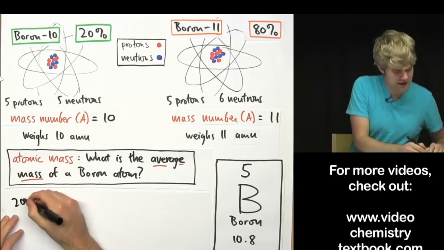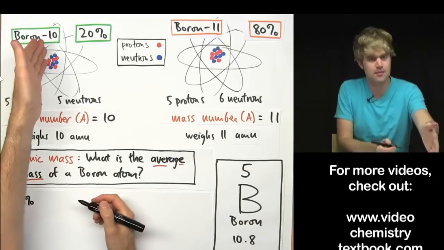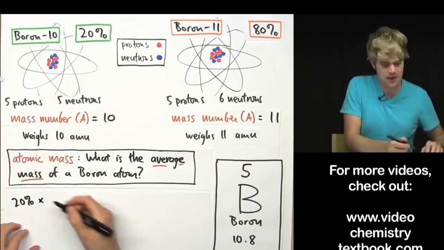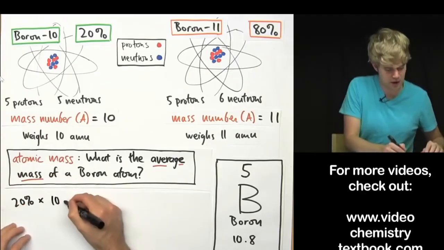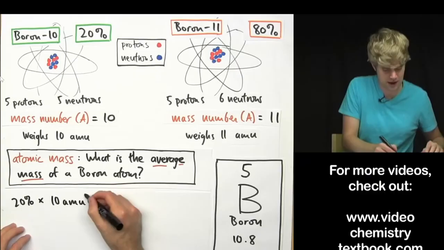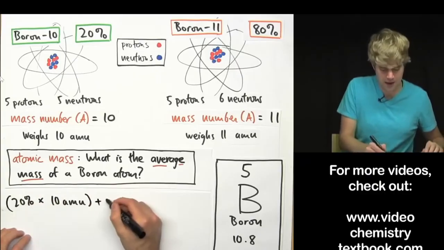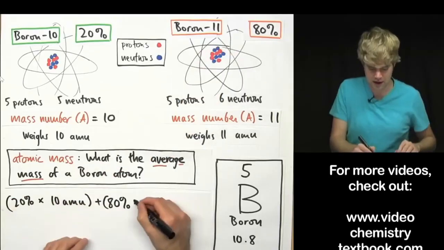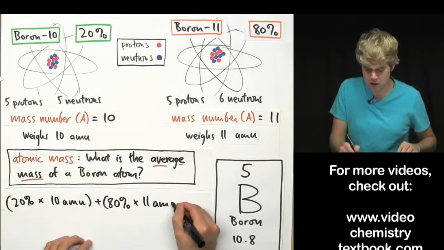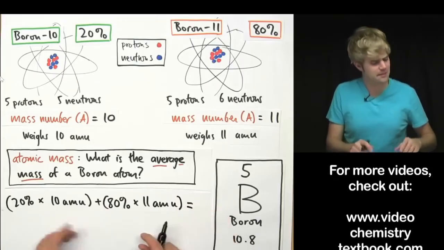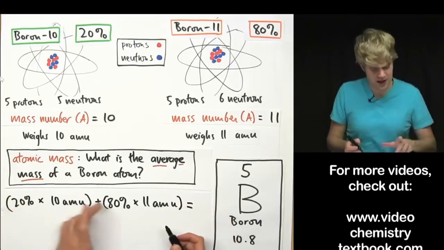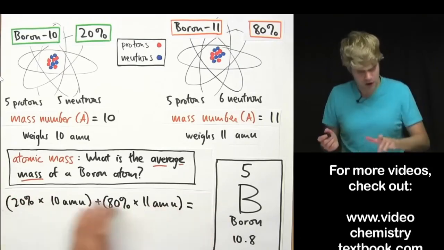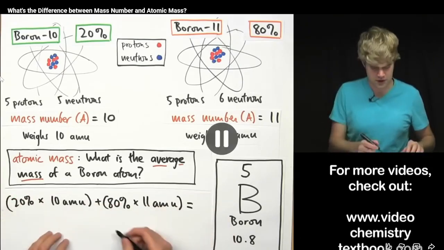We take the fact that there are 20% boron 10 atoms and that they weigh 10 AMU each, so 20% times 10 AMU. And then we add that to 80%, which is over here, times 11 AMU. And we do that math, we have to convert the percentages into decimals, but when we crank through this... Do you guys know how to convert percentages into decimals?